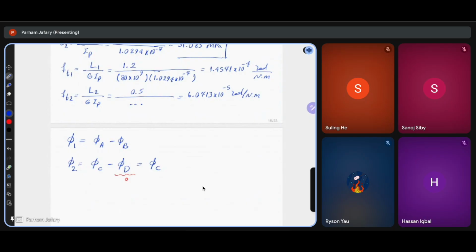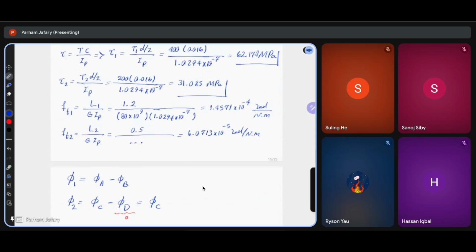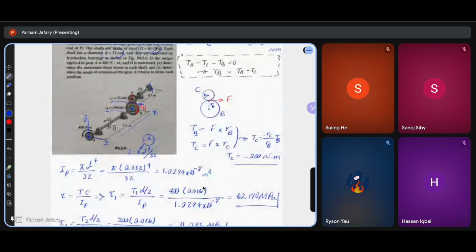Now we need to figure out the relation between phi at point B and phi at point C. Remember, I told you that the force between the two gears is the same.